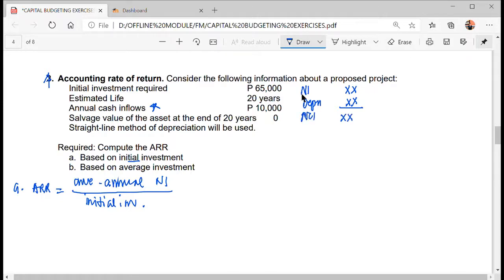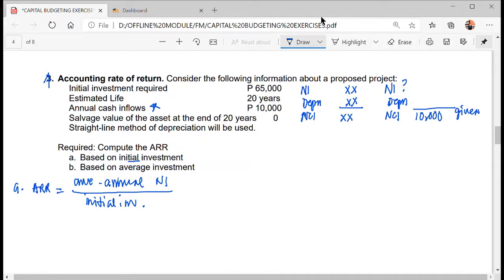Since this is reversed, we need to get the net income. So we work backward. The net cash inflow is given, so that is 10,000. The depreciation we can compute.